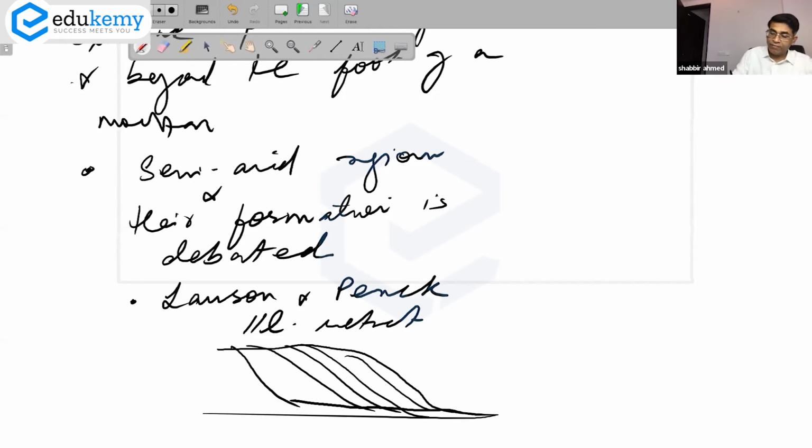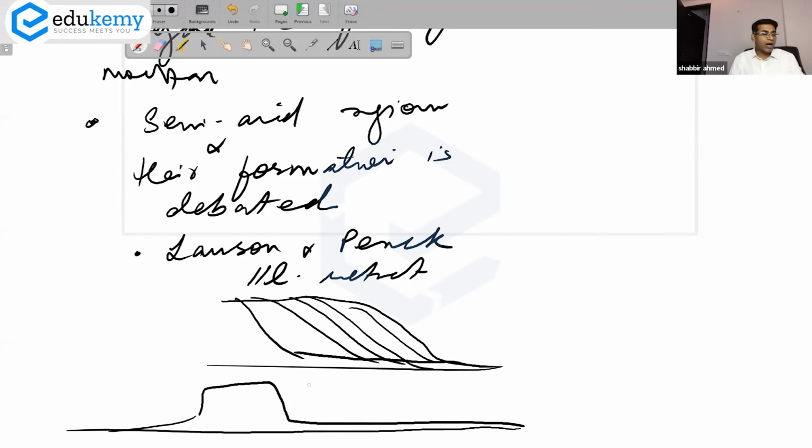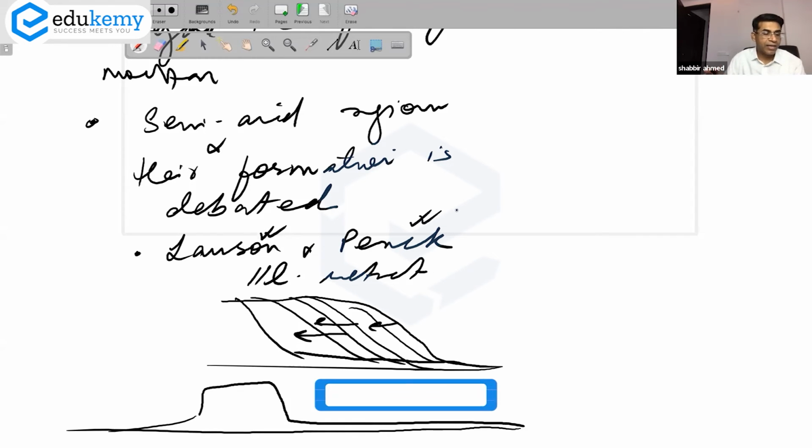Ultimately, what we have is some elevation like an Inselberg and an extensive flat plain here. So they talk about parallel retreat erosion, with the slopes receding back. This was given by Lawson, and also mentioned by Penck in his ideas.